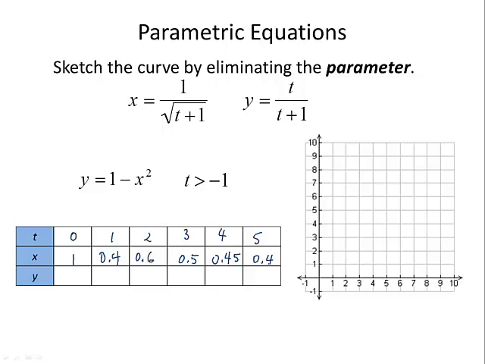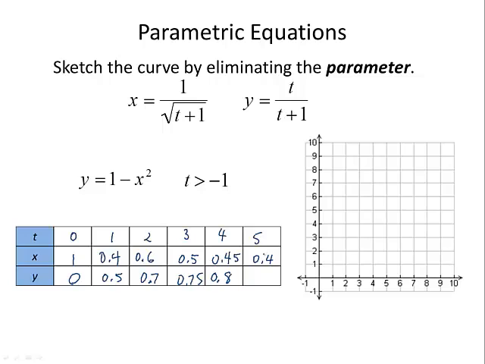So this is a little bit smaller. The y values: 0 over 0 plus 1 is 0. 1 over 1 plus 1 is 1/2, and then 2 over 3 is 0.66. 3 over 4 is 0.75. 4 over 5 is 0.8.